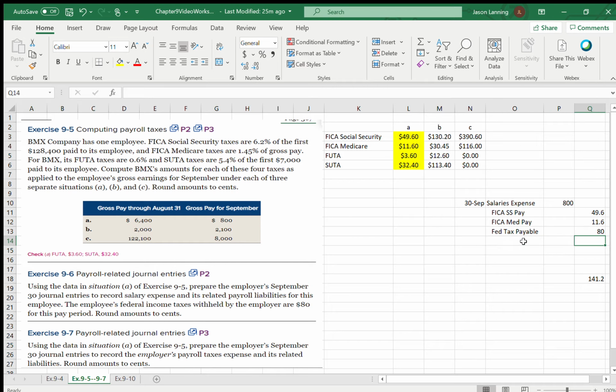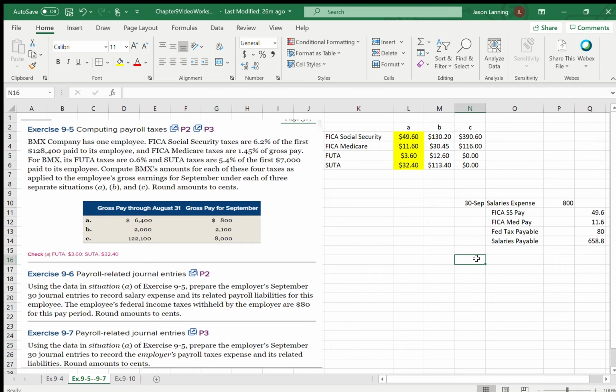So basically this means that the employer pays the employee's Social Security, Medicare, and federal taxes out of the employee's payroll check, and the rest is the net that the employee gets. So this would be salaries payable, and this would be the difference, which is the total of these items, 141.20. So if we subtract that from 800, we get 658.80. So 658.80 will be the salaries payable that we have here.